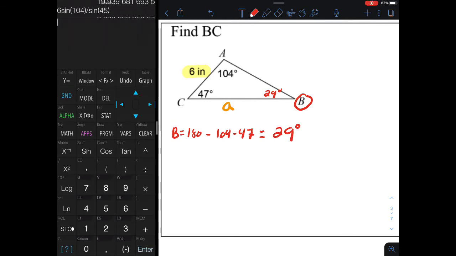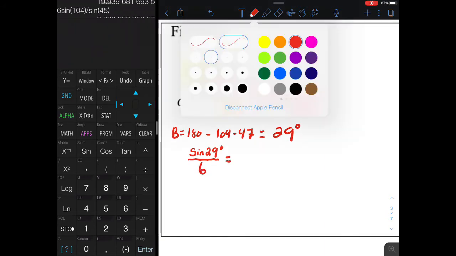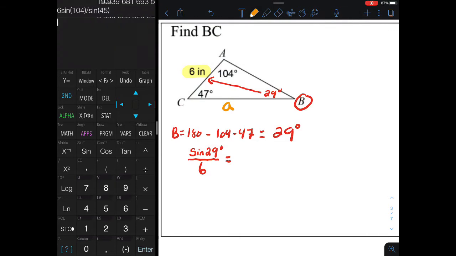So now that I know that angle B is 29, I can set up law of sines because I have the measure of a known angle and the measure of its opposite side. So sine of 29 degrees divided by its opposite side of 6. That's got to equal, now my goal is to find A. Well, A is across from the 104 degree angle, so I would say sine of 104 degrees divided by A. All right, and then I wish to solve from here.